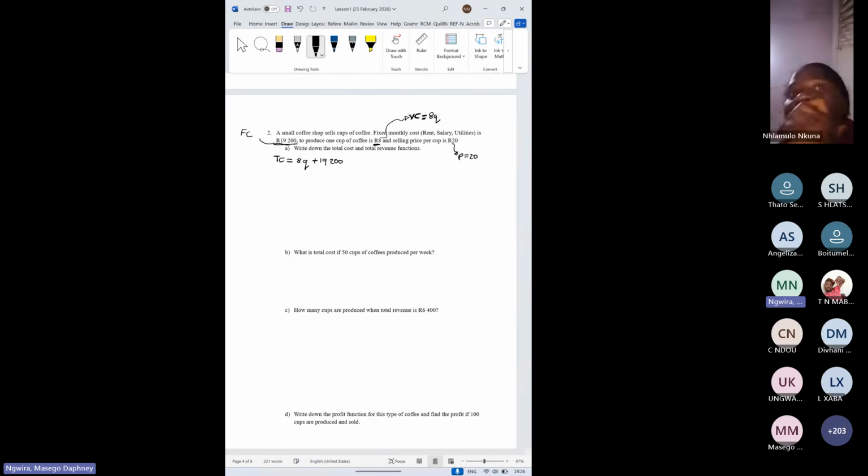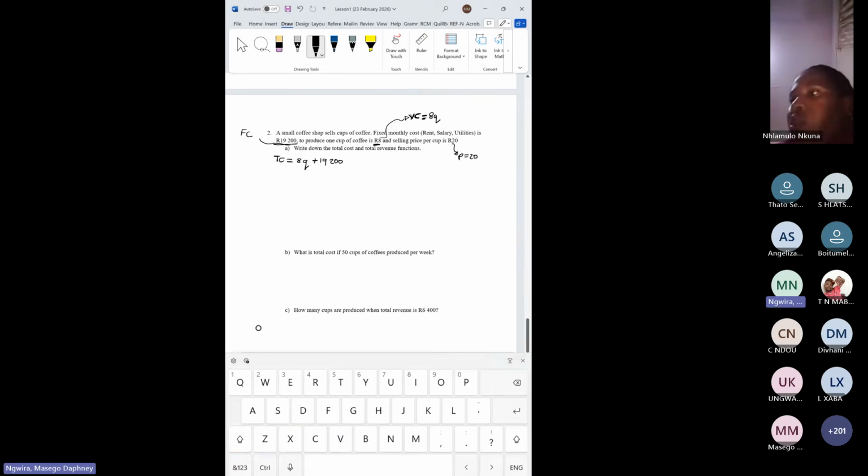So already when I write my function, I know that my graph is going to start at 19,200 and it's going to go up. I already know how my function is going to look if I was asked to draw a graph. All right. And then now we go to our total revenue. So total revenue.